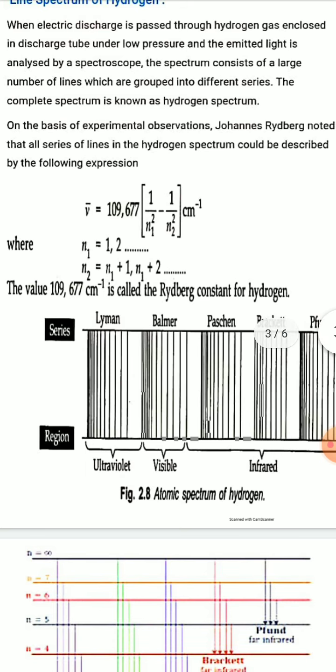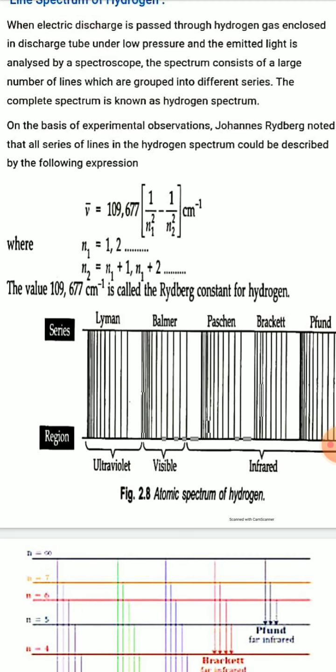On the basis of experimental observation, the scientist Rydberg noted that all series of lines in the hydrogen spectrum could be described by the following expression. That is, wave number nu bar. What is nu bar?